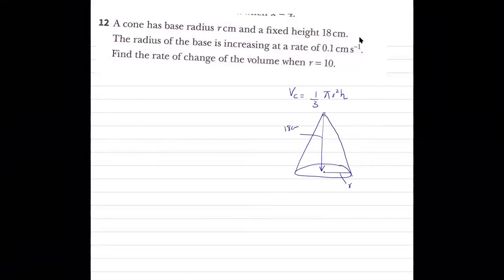The radius of the base is increasing at a rate of 0.1 centimeter per second. That means the rate of change of the radius is equal to 0.1 centimeter per second. We need to find the rate of change of the volume when r is 10.